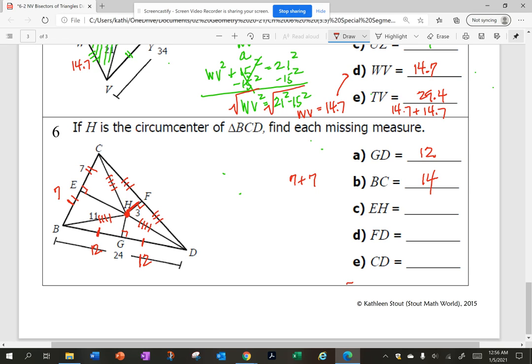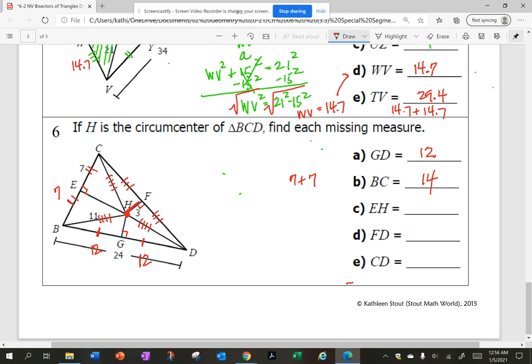E to H. So right now, I know that this is 11, so I know this is 11.